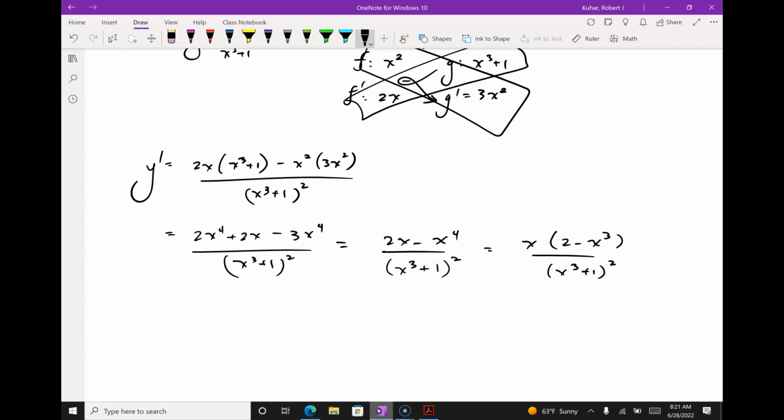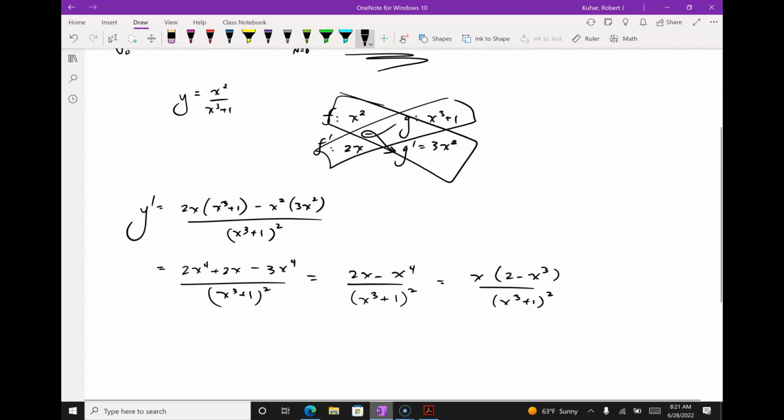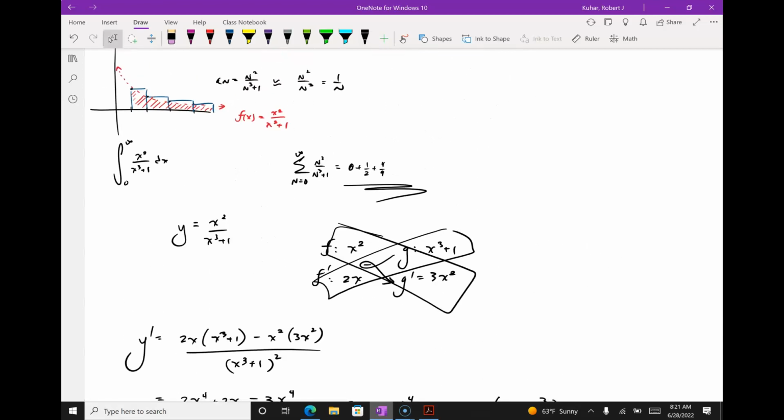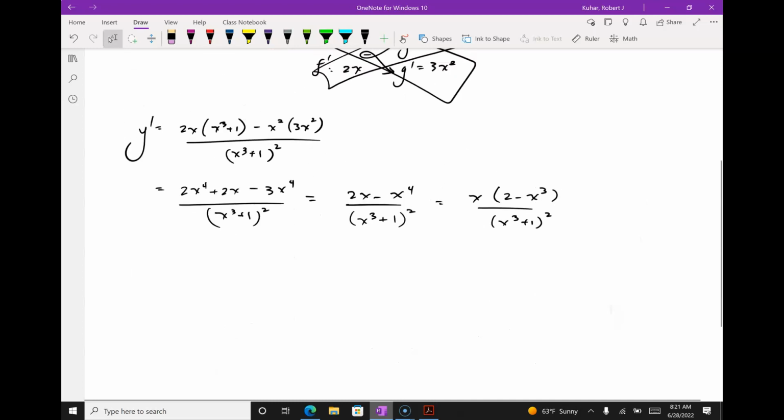And clearly x's are positive, right? Because we're talking about the integral. Really, I'd say I had originally set it up from 0 to infinity, but let me chop off that first term so I know I don't have terms of 0, I have positive terms. And I just have to think about when is it possible that 2 minus x cubed is less than 0, because that's what I want, right?